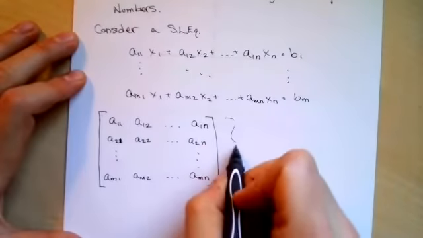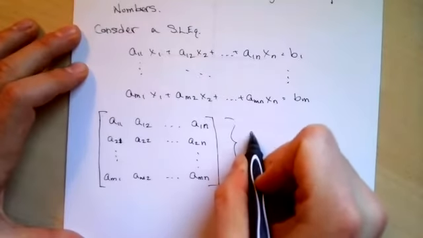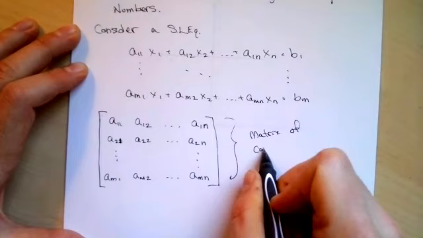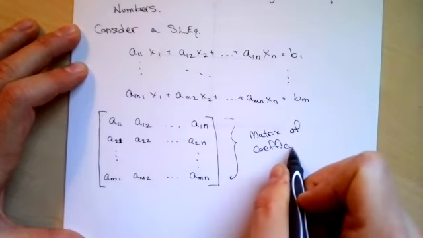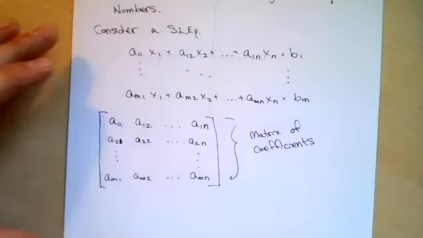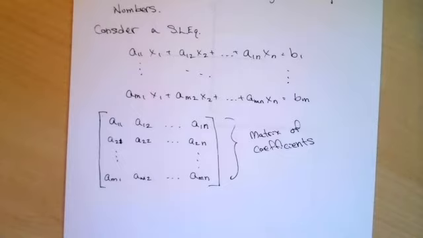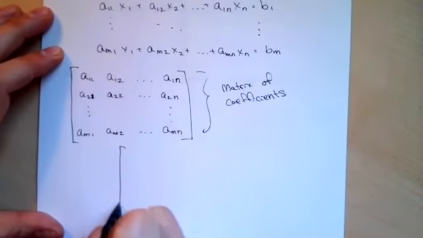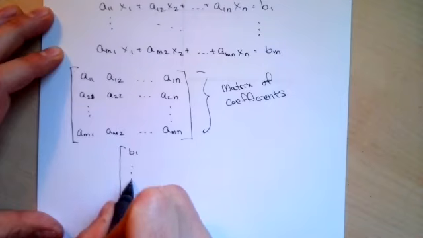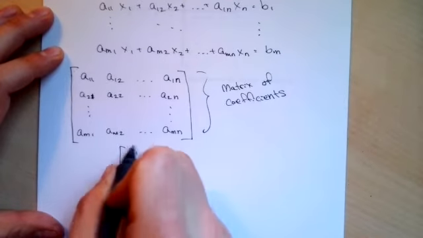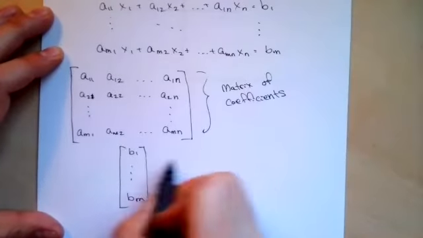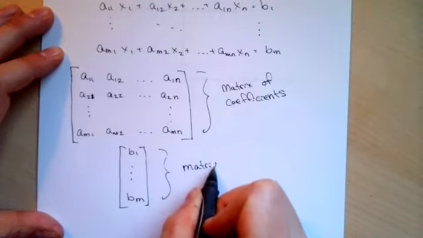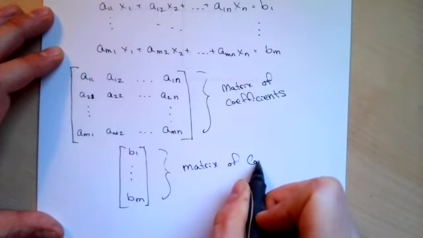So this guy is called our matrix of coefficients. If we put all the terms on the right at the end, this is our matrix of constants.